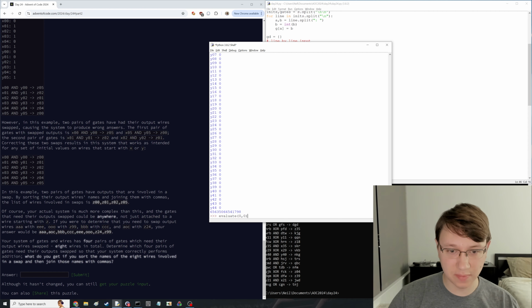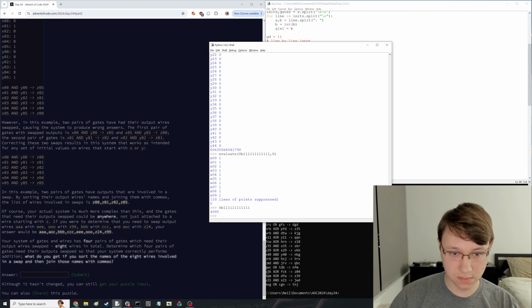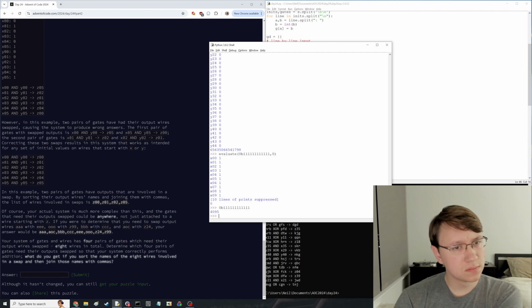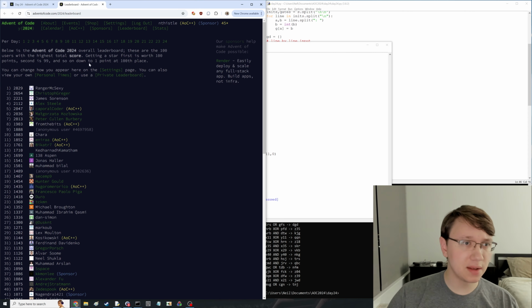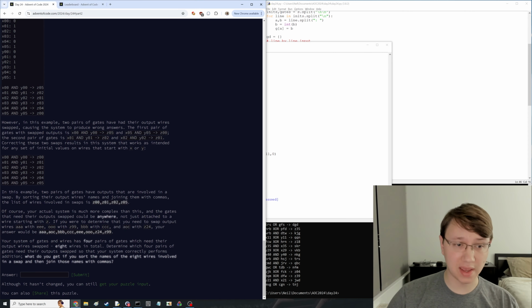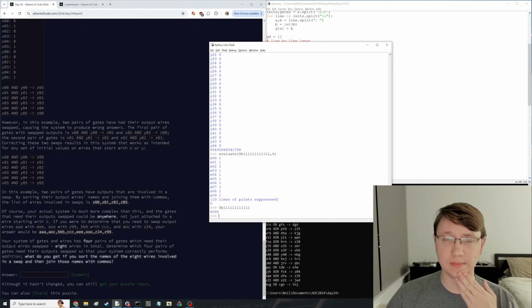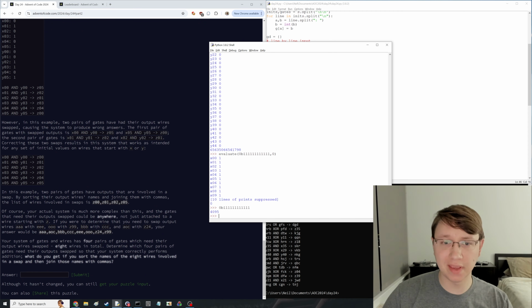We have 44 bits of input. That's returning a 0. Oh, 4 pairs. That's a lot. Okay. Has anyone solved yet? No one's solved yet. It's another very reverse engineering day.